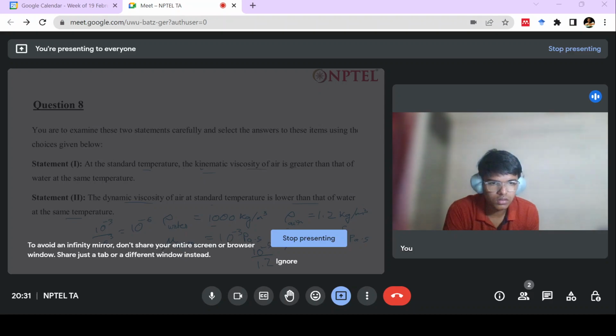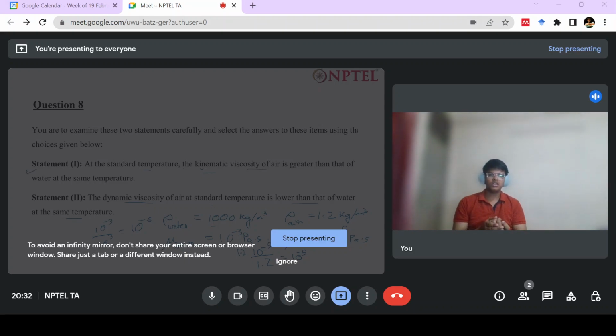So here you can see that this is close, but the value you will get for water is lesser than for air. So this is almost 10 to the minus 5. So if I take kinematic viscosity, the air value will be greater than water. So this is true, if I take the ratio.